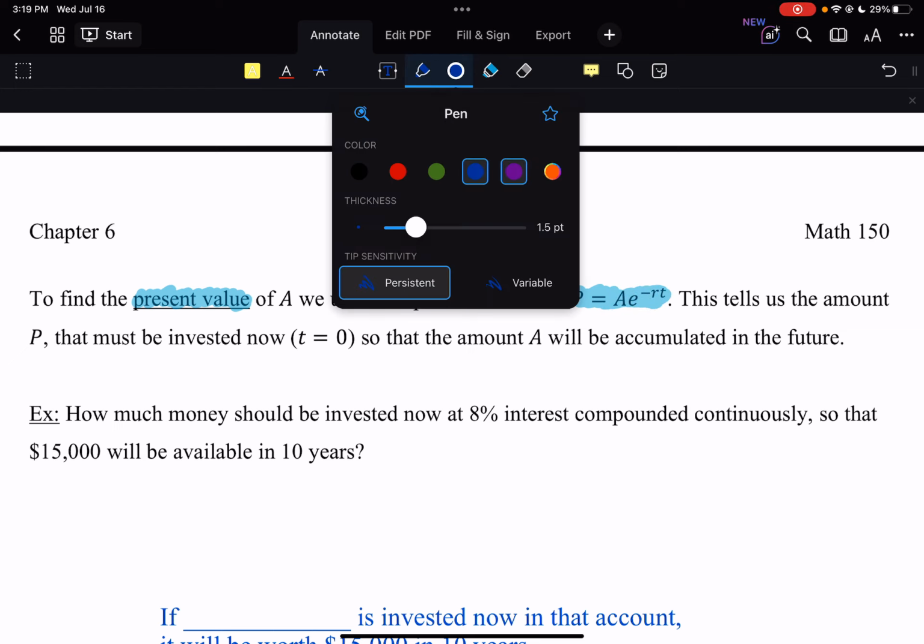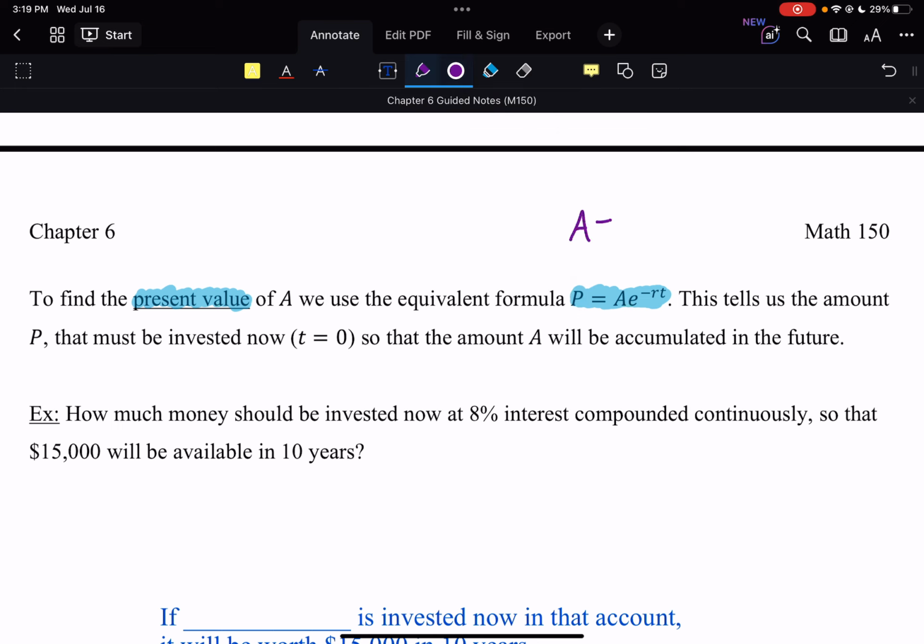Compare this to the one that we were already using, A equals P e to the RT. These are equivalent to each other. It's just this one we solved for P, this one we solved for A. So they are consistent with each other. We're just looking for different information.